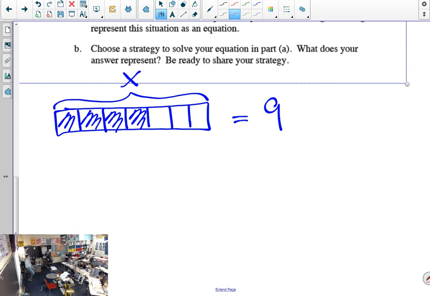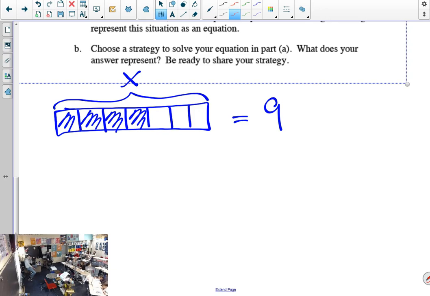Can anyone explain what I've drawn up here? A little box. I drew a bunch of boxes. Bunch of little boxes. You drew a little fraction guy. Okay. Alan? 4 sevens. Of what?